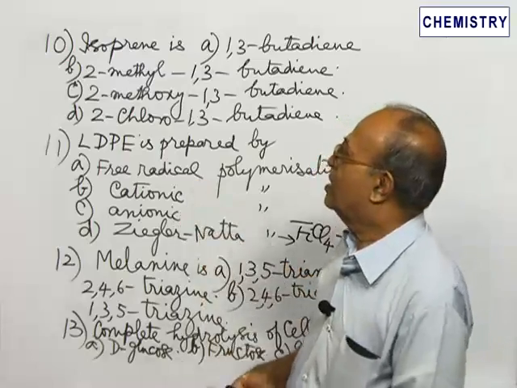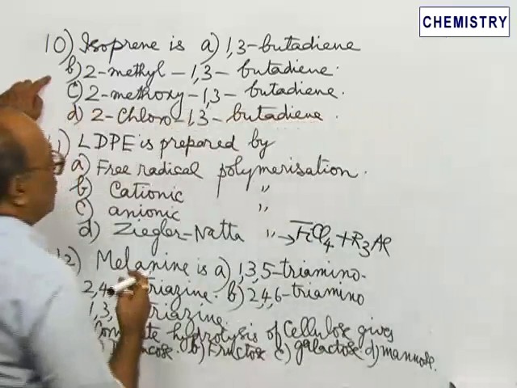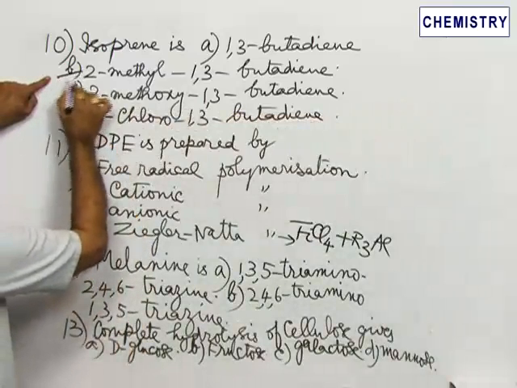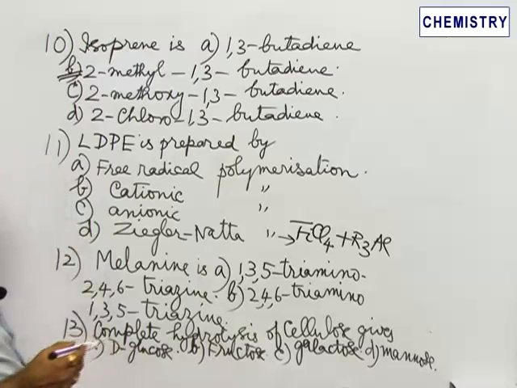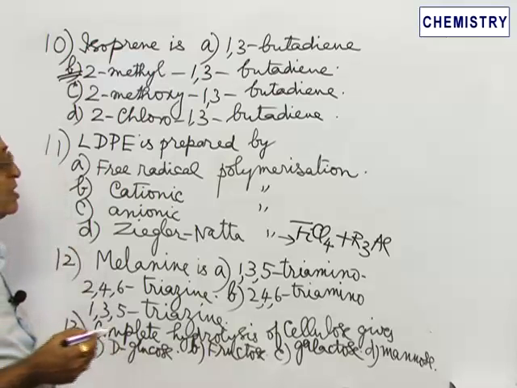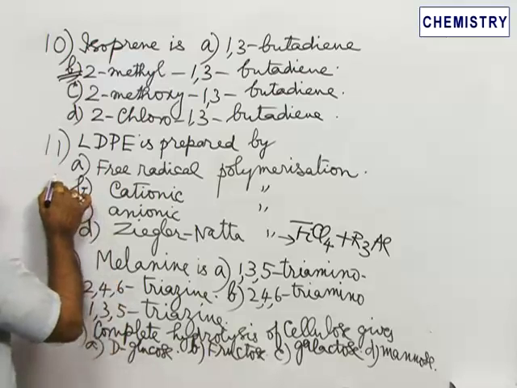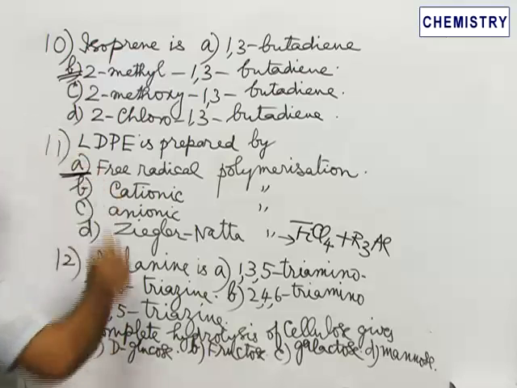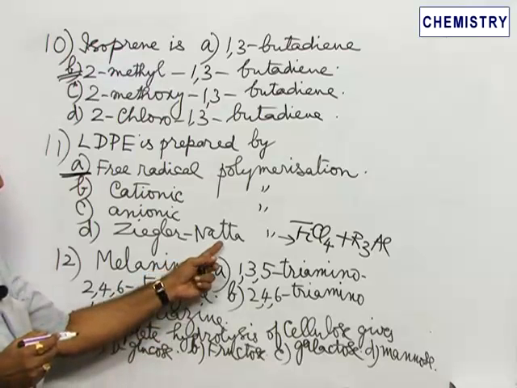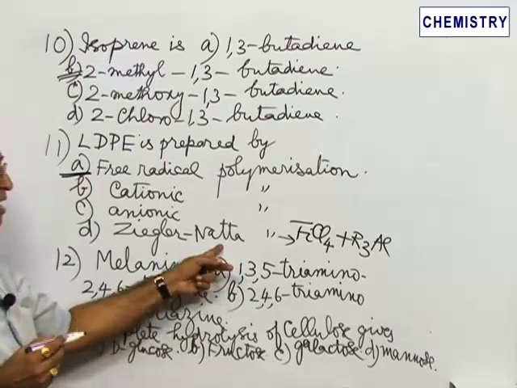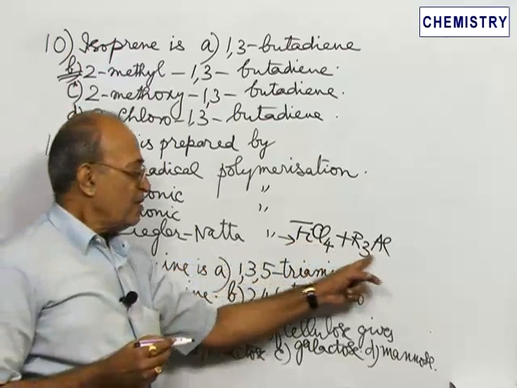So, for question number 10, correct option B. For question number 11, low density polyethylene is formed by free radical polymerization process. So, in this connection, we can also get an idea about Ziegler-Natta catalyst, which is this.